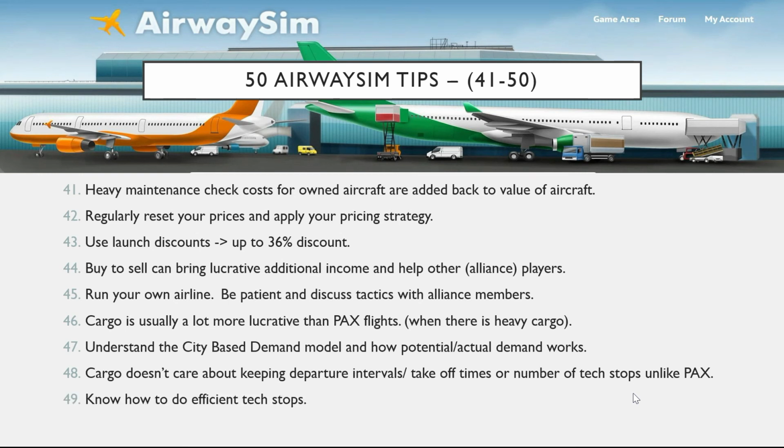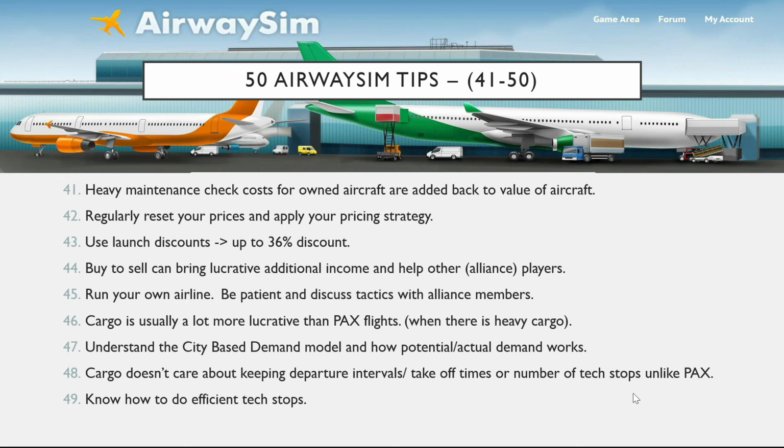Point 49 is that with cargo, the range of the aircraft tends to be shorter than the passenger ones, purely because you want to keep the payload up as much as possible. You want to transport as much cargo as you can. So you need to know how to do efficient tech stops. When you do a stopover somewhere, you want to make sure it's on the right path and you're not making a huge diversion and adding 30% versus flying a different route.